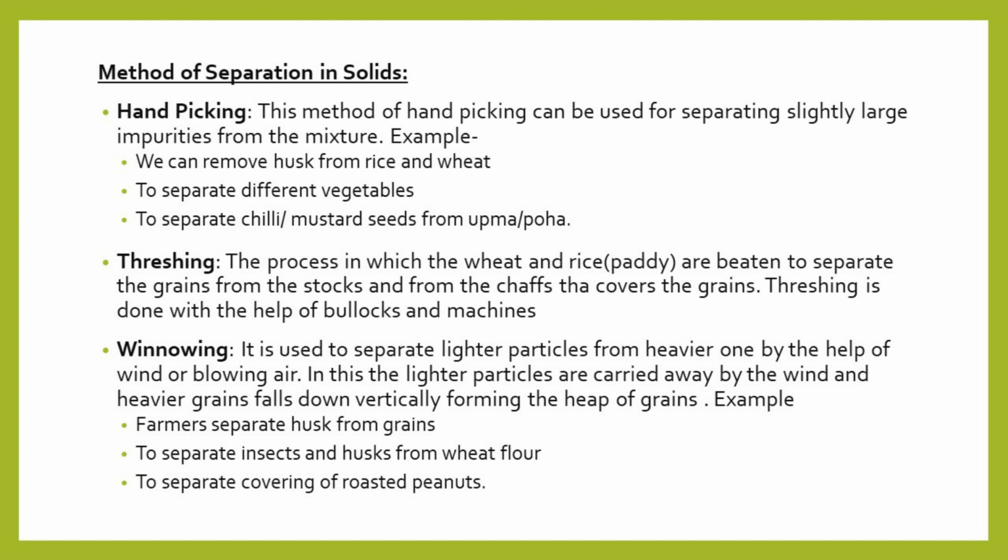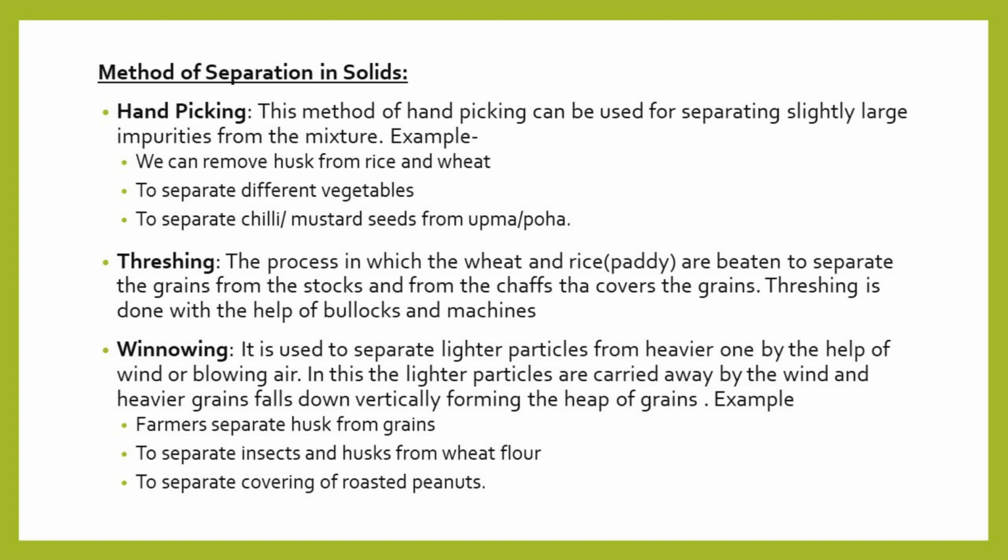You must have seen bundles of paddy or wheat stalks lying in the fields after harvesting the crop. These stalks are dried in the sun before the grain is separated from them. Now, each stalk has a large number of grains attached to it. This grain cannot be separated from stalks by hand picking, as there are too many in number and it will take a very long time.